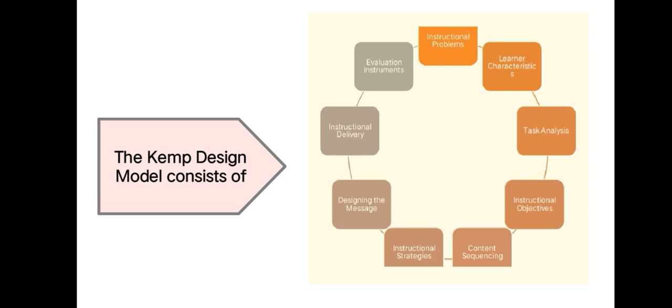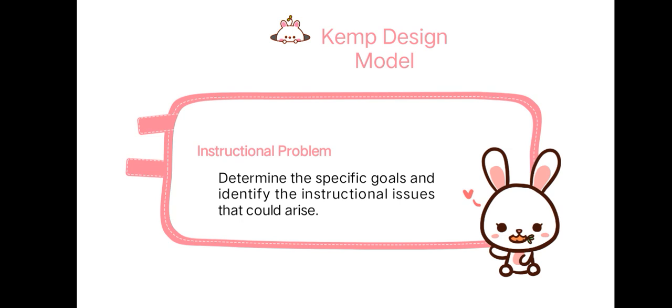Let's start with the first, which is instructional problem. Instructional problem determines the specific goals and identifies the instructional issues that could arise. Meaning to say, it is important to determine the specific goals and identify the potential issues that may arise during the teaching and learning process.